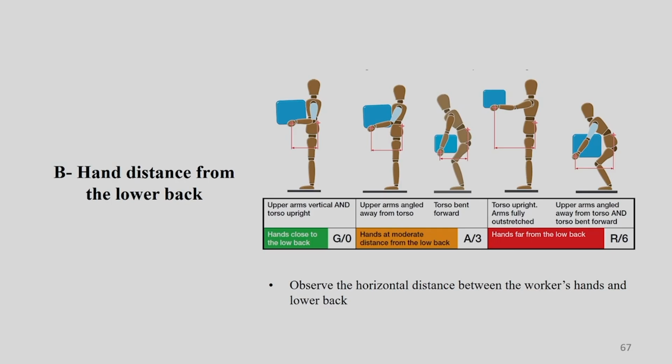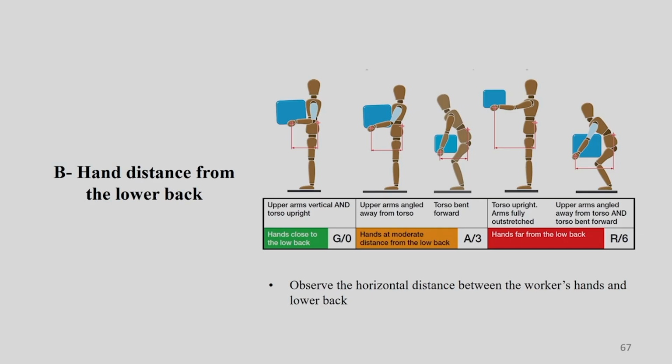Purple is a very rare case, which sometimes is not possible in industry, so purple is not here. In green, the upper arm is vertical and the torso upright. So it's the best posture, right? The upper arm is vertical, so you are not taking the upper arm away from your body.